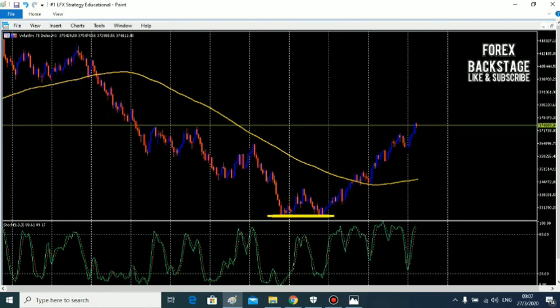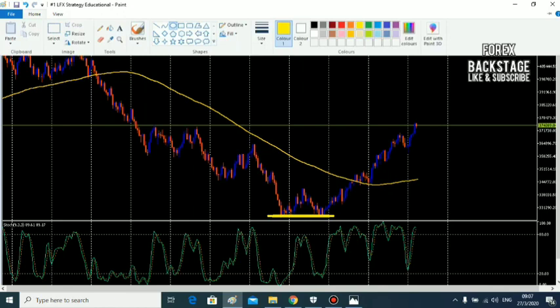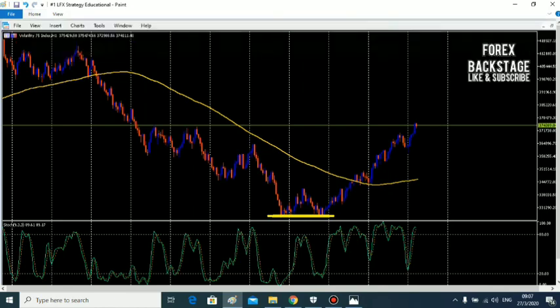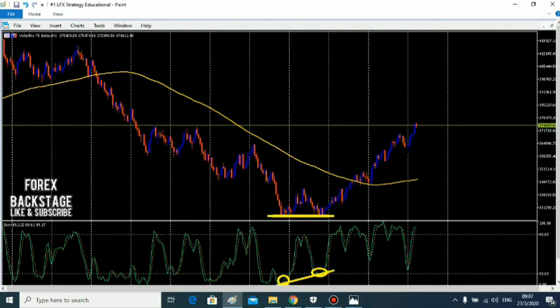But if we check the oscillator, we have 2 different scenarios. Price isn't on the oscillator, it is showing an upward movement. Quite interesting. This is what we're always looking for. This is a W formation. Price is flat, but oscillator is indicating that price is going up.